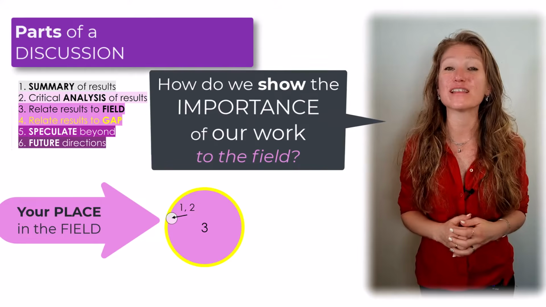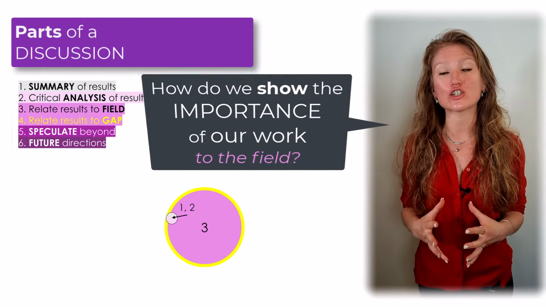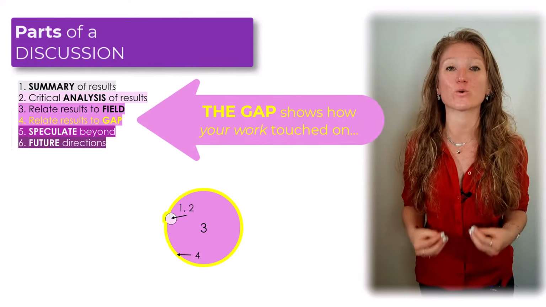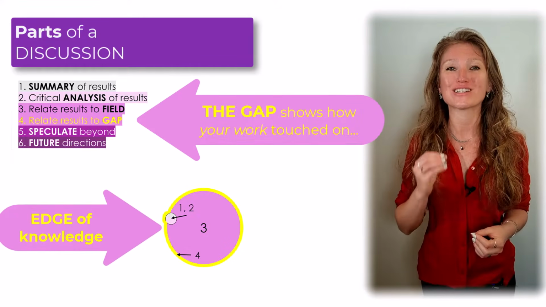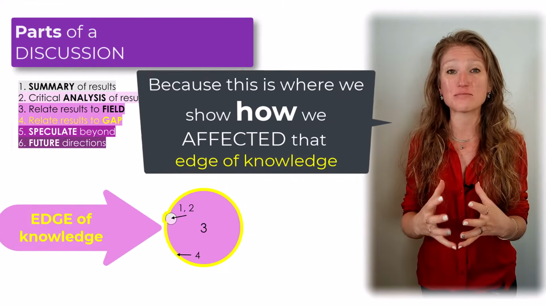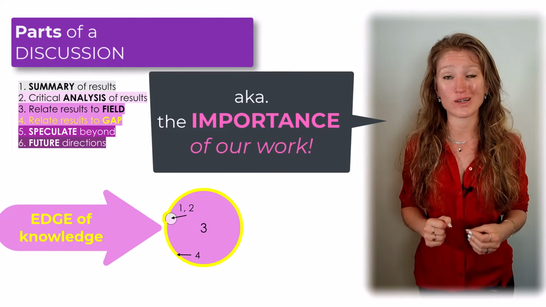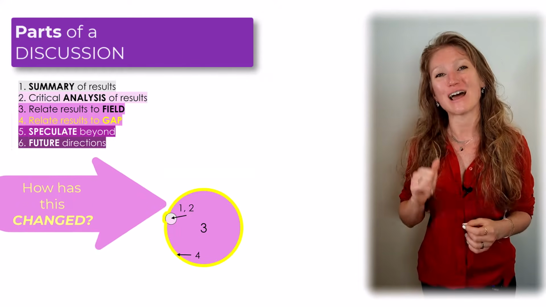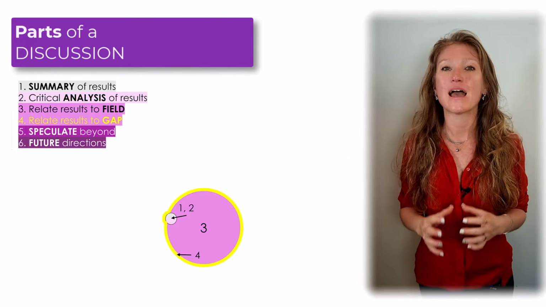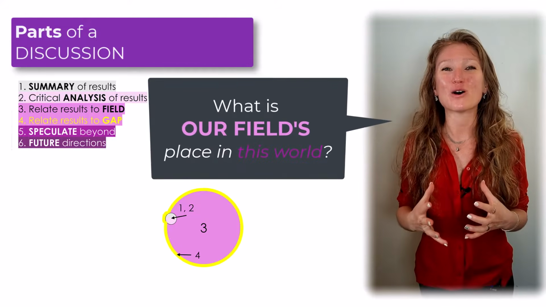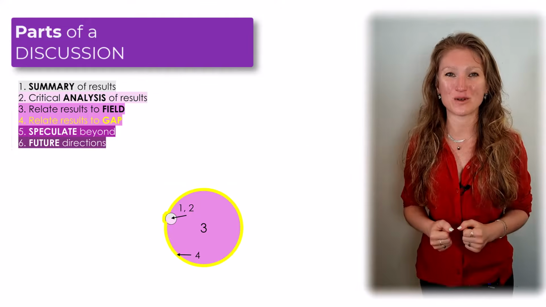And then to convey the importance of our work, we also need to show how our circle touches on the edge of the field, or that edge of current knowledge, because this is where we show how we are moving that field out, how we're expanding the field, and the importance of our work. How is that edge of current knowledge different now that our work exists? And then finally, our field and what we know about our field is only really one small piece of what's actually out there.